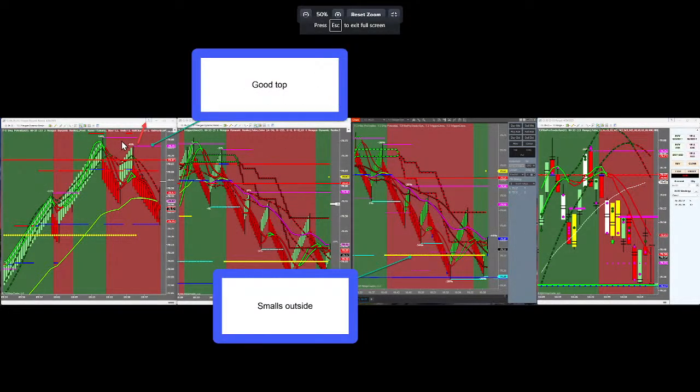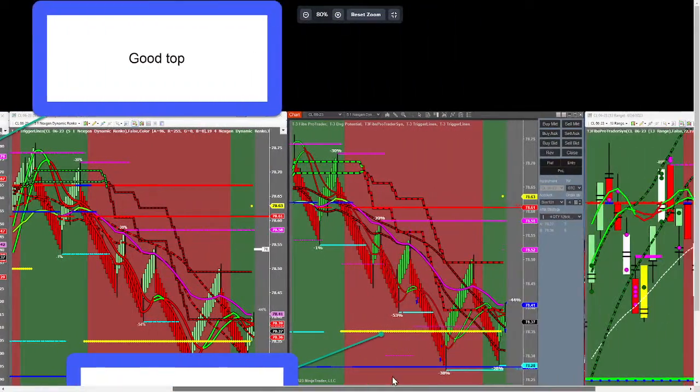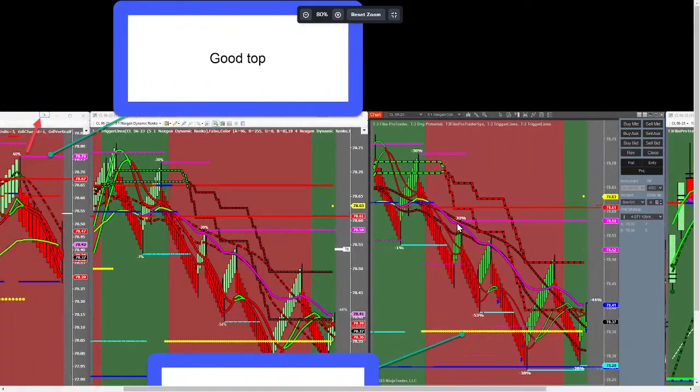Paul says good top. He says smalls outside. You had a perfect entry, right at triggers, money, money. And man, you held on for a while, didn't you?